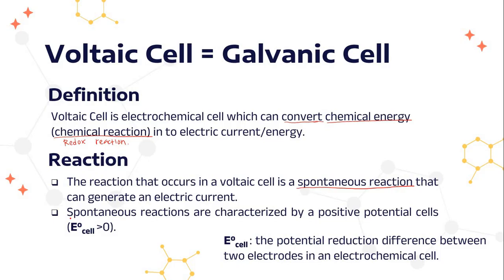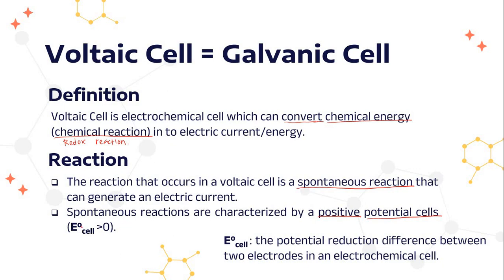Now in chemistry, spontaneous reactions are characterized by a positive cell potential. Cell potential is symbolized as E0 cell. Positive cell potential means that the value is always above 0.